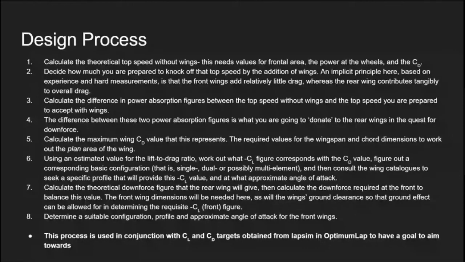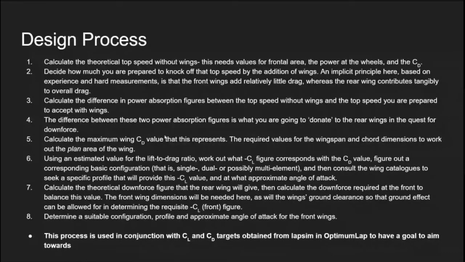For us, it doesn't make a huge difference because we already have an excess of power. We're not generally power limited; we're more traction limited. So yeah, we have enough power to donate towards the drag of the rear wing.